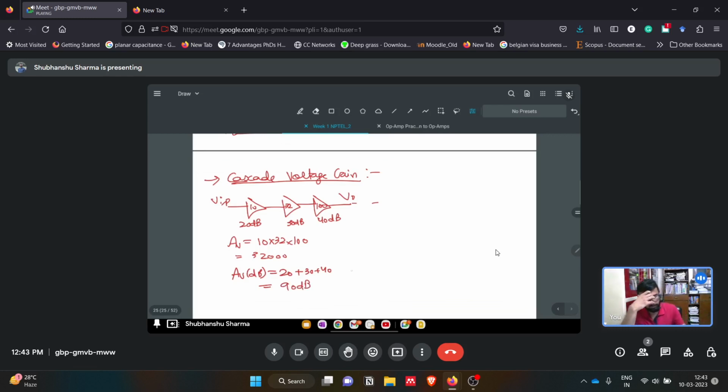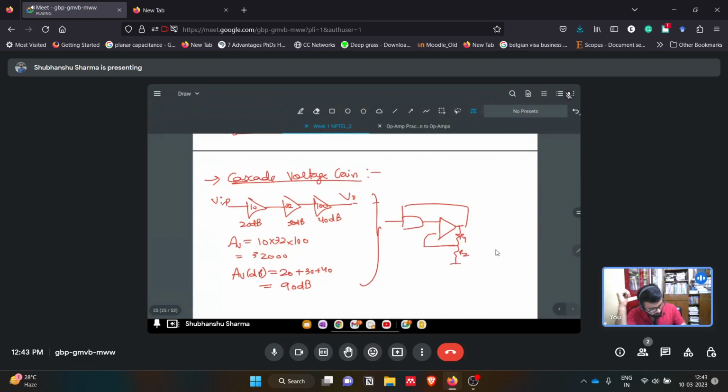So in order to increase the gain of the op amps, we can cascade them together, and it will look like this. This is the RC circuit, op amp, feedback. This is R2, this is R1, RC circuit.